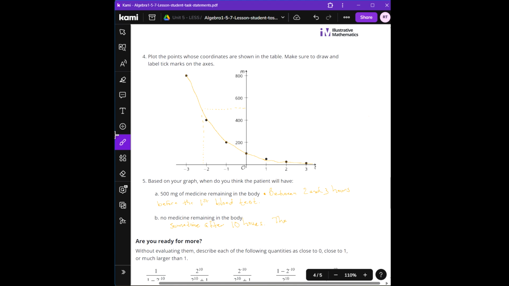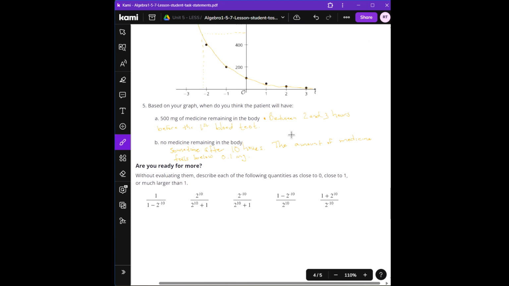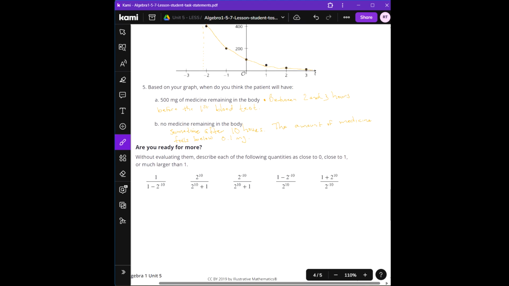The amount of medicine falls below 0.1 milligrams after about that point. Okay, and you could do the calculations if you want to.